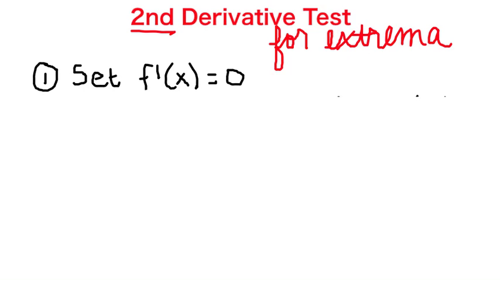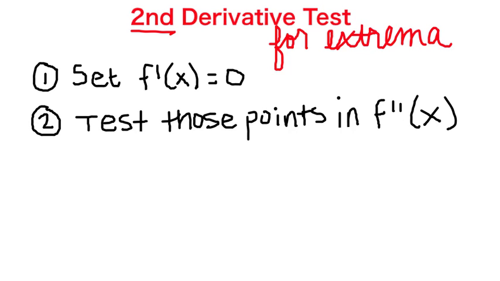The first thing you want to do is set f prime of x equal to 0, because we just want to identify our critical points. Once you've identified those critical points, we're going to test them in the second derivative. So you take those critical points and plug them in to the second derivative.